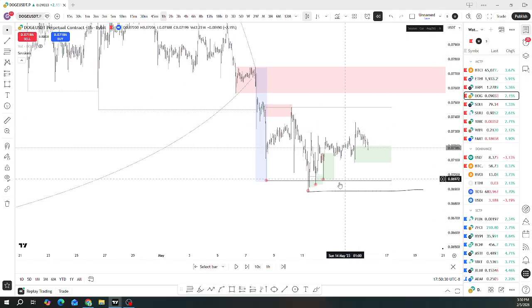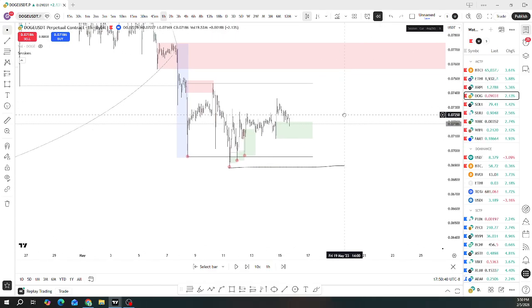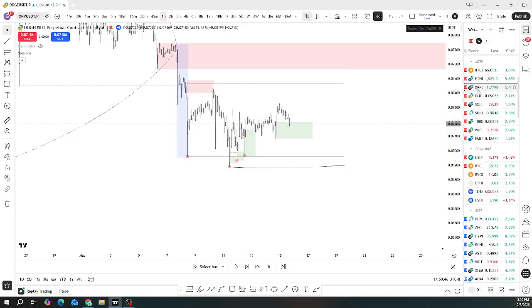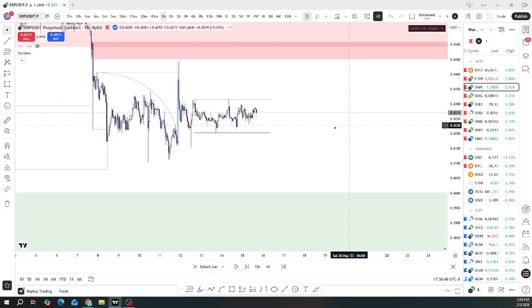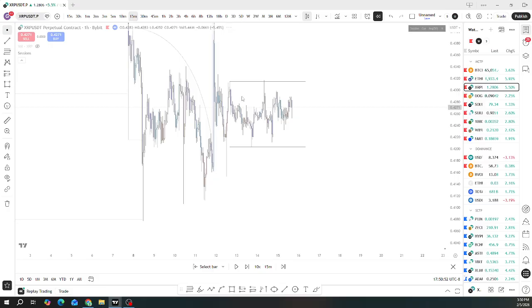Really starting to get extended in this range. Looking like it's compressing a bit as well. XRP is still in this distributive environment.